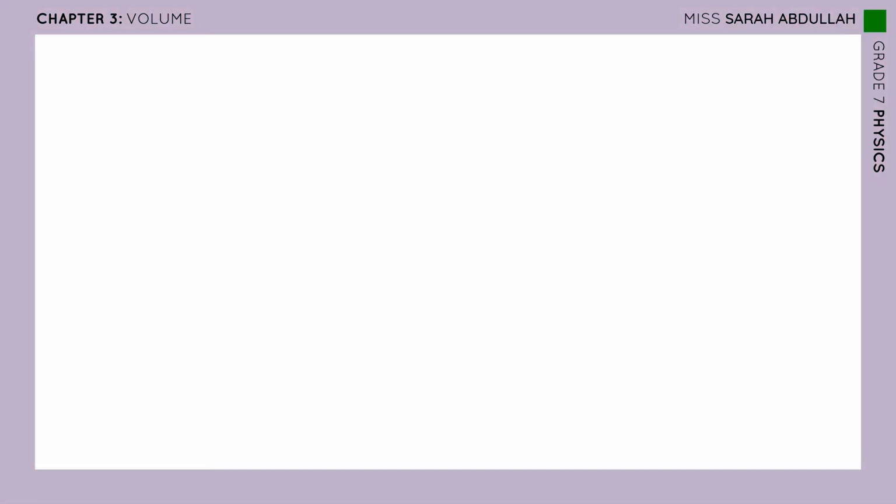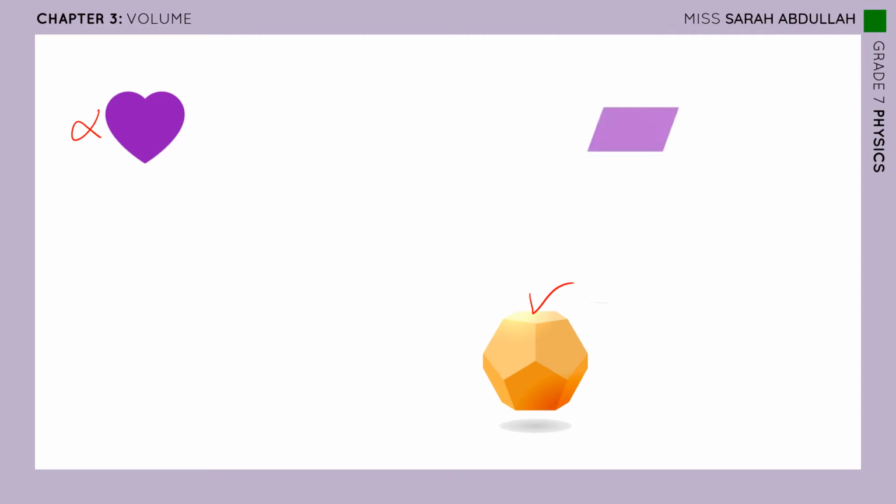Now, before we start with the units of volume, I want you to tell me which of the following forms represents a volume. So let's start. What do you think? Nope, this is not a volume. How about this one? Yes, it is in 3D. How about this one? Nope, it's not a volume. How about that one? It's definitely a volume.